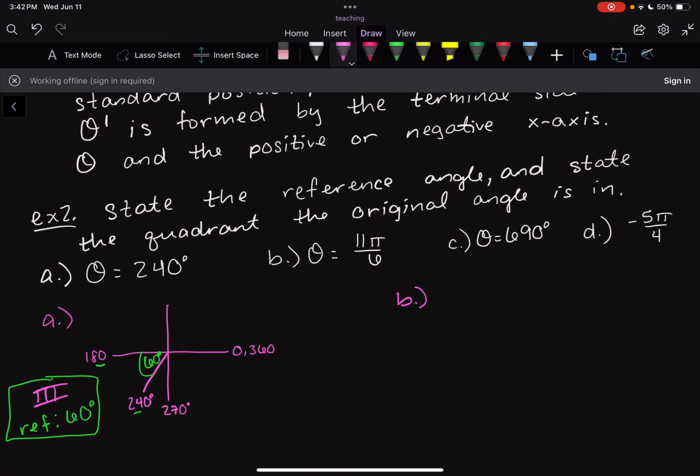Let's do part B. So this one's in radians, so this is pi, this is 0, wraps around to 2 pi. Since I have a denominator of 6, I would like my pi and 2 pi to also have a denominator of 6. So this would be 6 pi over 6. If I multiply this by 6 over 6, I get 12 pi over 6. So then I want to know, is 11 pi over 6 closer to 6 pi over 6 or 12 pi over 6? It would be 12 pi over 6, and it happens to be pretty close.